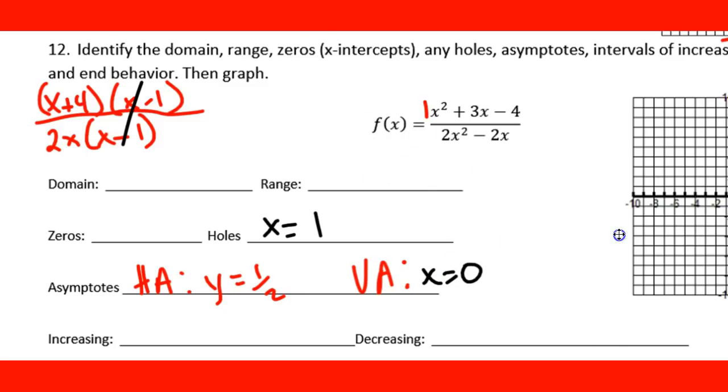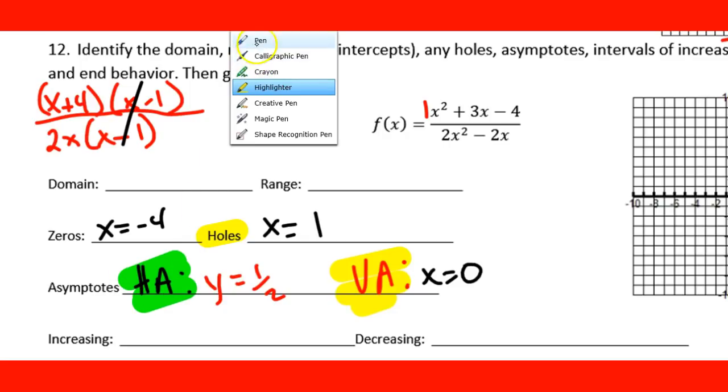And then we have a factor remaining in the numerator. All right, so we set that equal to 0, and that's going to be -4. That's our hole. All right. So remember, domain restriction. All right. Range restriction, or y restriction right there, okay?